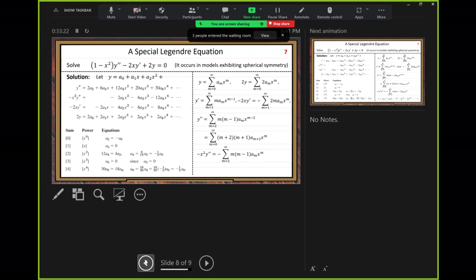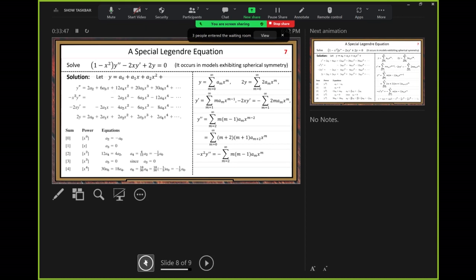All right, so for each power term, we use the vanishing property, that all coefficients vanish, and we get these equations.